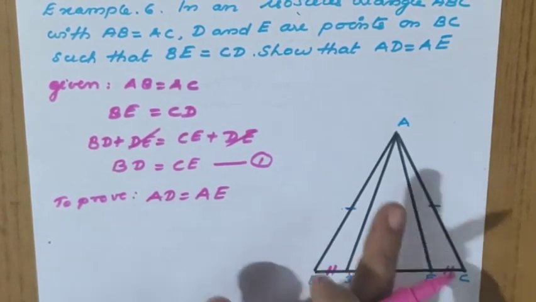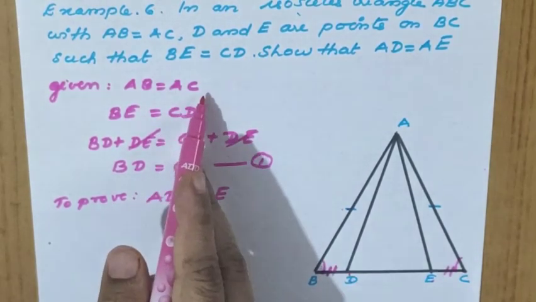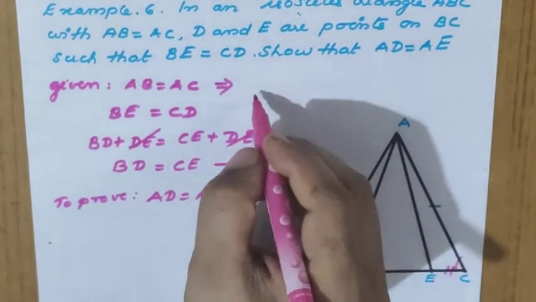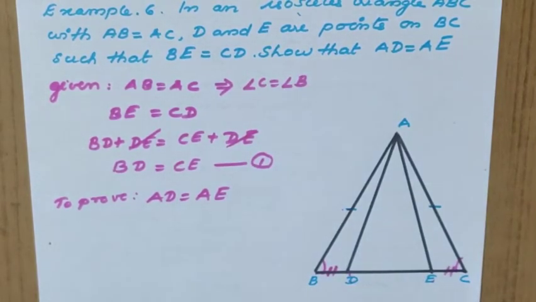We don't have any idea about angle A. So the additional criteria is the isosceles triangle property, because two sides are equal means opposite angles are also equal. AB is opposite to angle C, and AC is opposite to angle B. So AB equal to AC implies angle C equal to angle B, which we proved in a theorem.